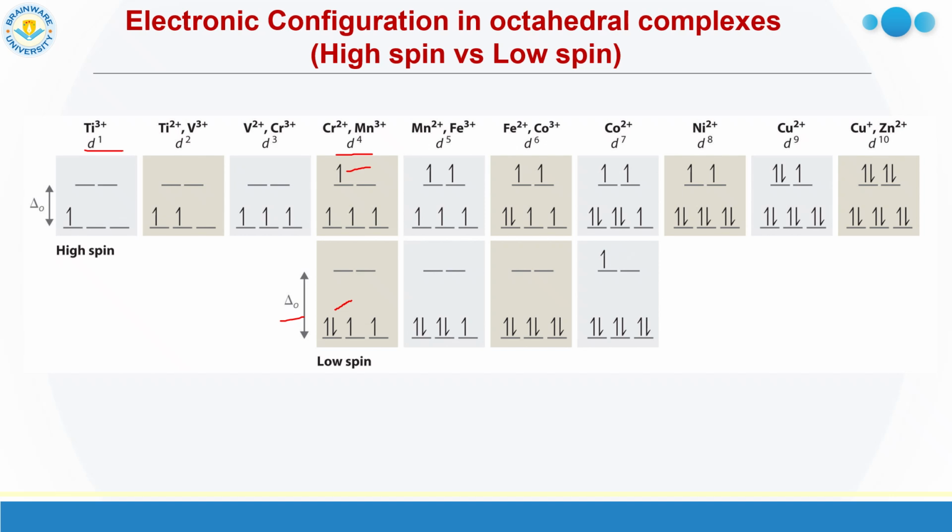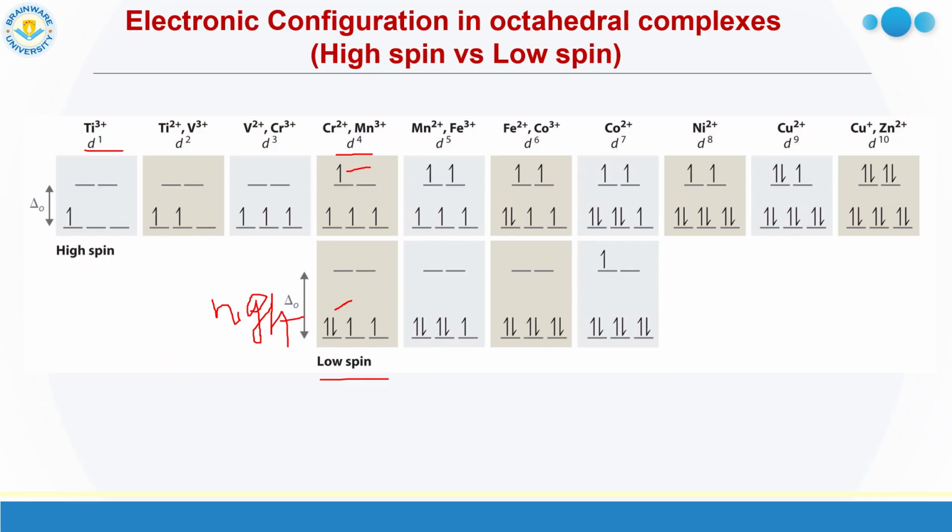In that case, you can see the two electrons get paired up, so only two electrons having the same spin. As the spin number becomes lower, it is called a low spin complex. It happens when the Δo value is high.